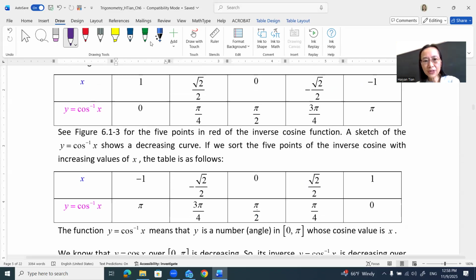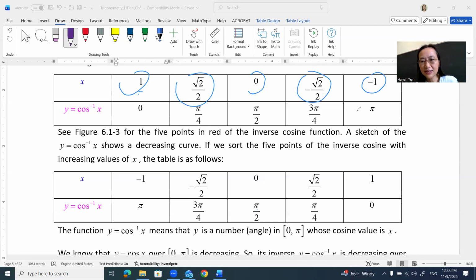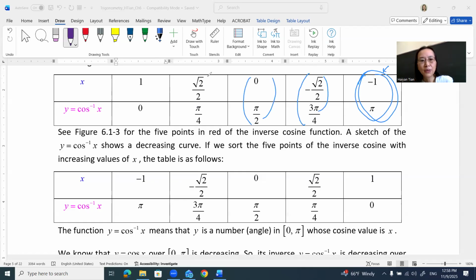But you may want to say, okay, after the reverse, I want to put the x values from small to big, right? Then I can see how the y value, which is the inverse cosine value, is changing. So we organize the table, putting this one first, because the input value goes from -1 gradually to +1.